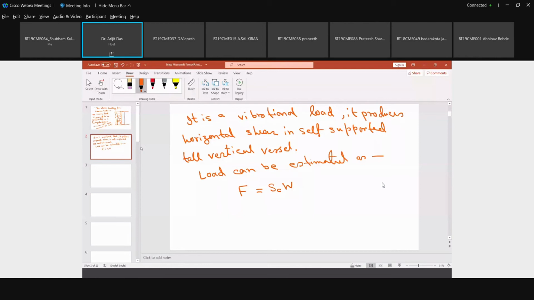W equal to weight of the vessel, and SC is nothing but the seismic coefficient.